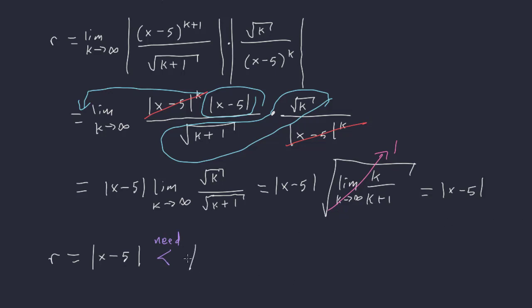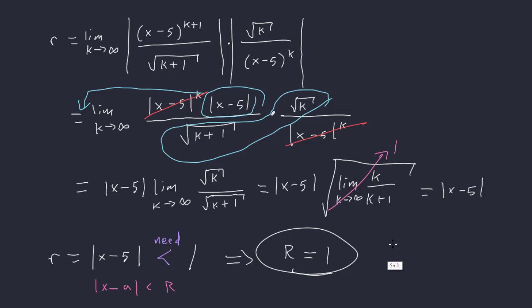Well, we actually don't have any extra work to do here, because this is already in terms of our absolute value of x minus a less than r. So this tells me that the radius of convergence is 1. Awesome. All right, then we can manipulate this a little bit.